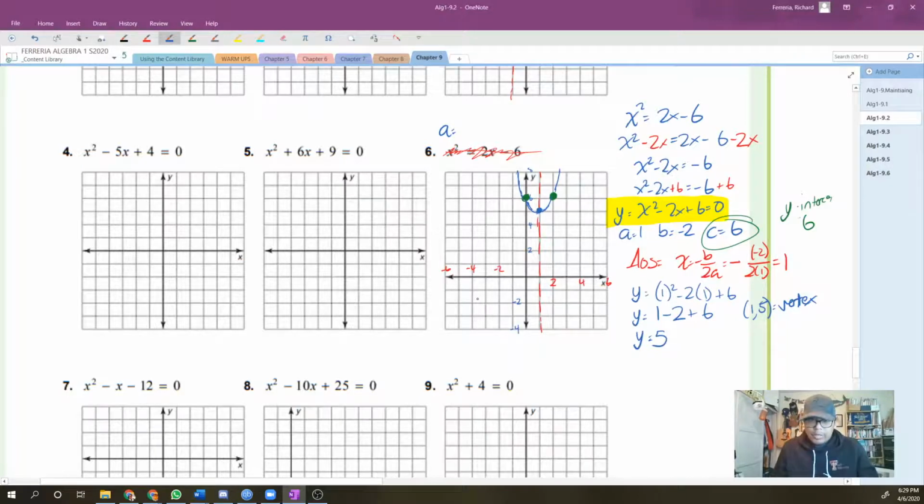And now I think the question that I forgot to answer in the first one, we'll go back to it, is where does this curve cross the x-axis? And it doesn't. So it doesn't cross the x-axis. You notice that it's floating way above the x-axis. So no solution.